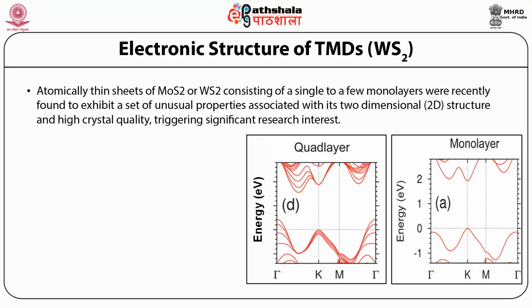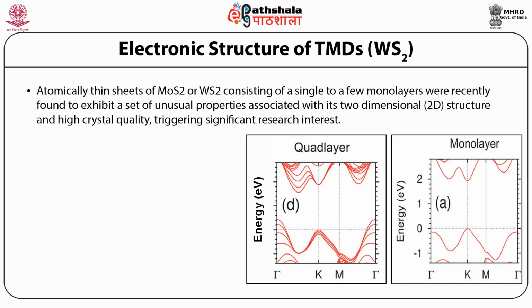Geometrical confinement effect in exfoliated sheets of layered material leads to significant evolution of energy dispersion with decreasing layer thickness.